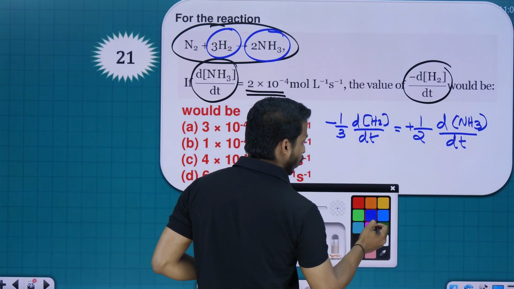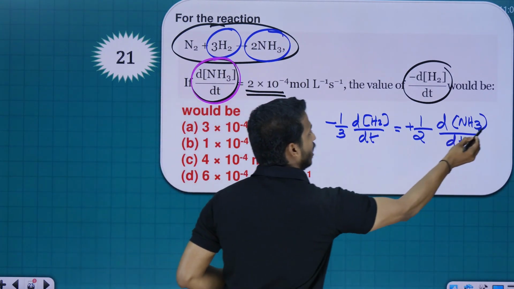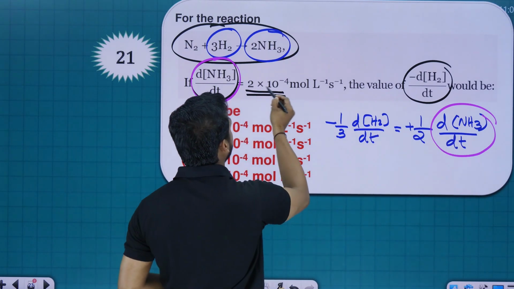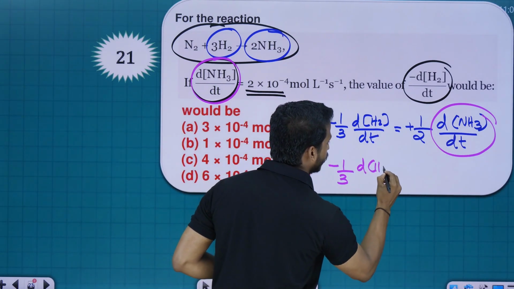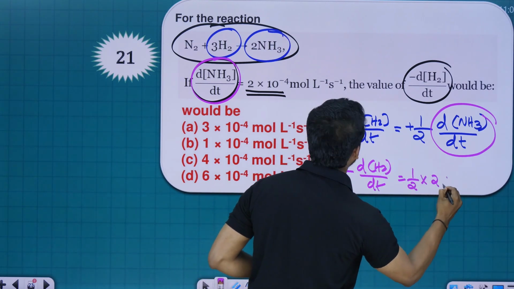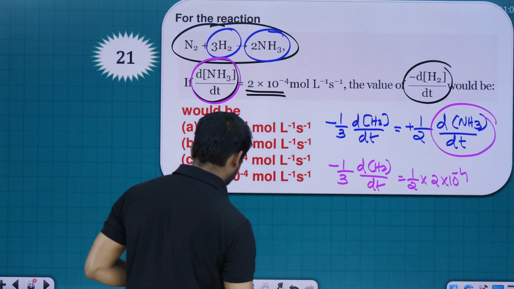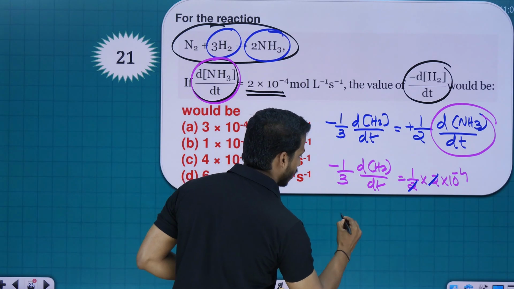All right. And what value is given? This dNH3 by dt value is already given as 2 into 10 raised to minus 4. So I can write minus 1 by 3 into dH2 divided by dt equal to 1 by 2 into 2 into 10 raised to minus 4. All right, we can cancel the 2. So what does the equation become?